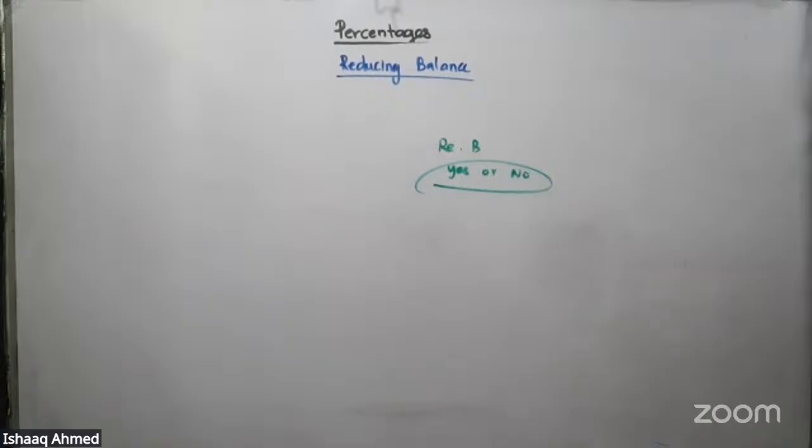Okay. Done. What else? That's all. Okay. Got it. Understood. Some are saying to write only the formula, only the reducing balance formula.